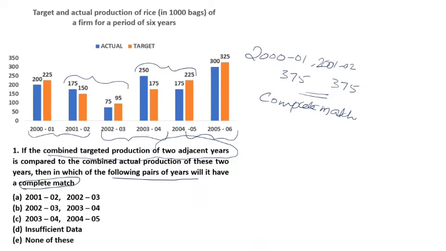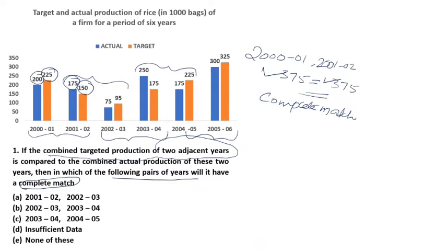In the first pair itself, the actual values are 200 and 175, total 375, and the targets are 225 and 150. When you add 225 and 150, we get 375. So they are equal here, so it's a complete match.